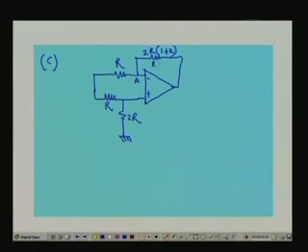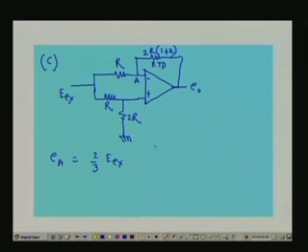This is 2R. Now, we are connecting excitation and taking the output from this terminal. So, the voltage at the point A, which I define as EA, will be equal to 2 by 3 of excitation, is it not.